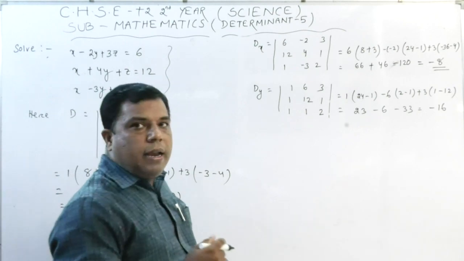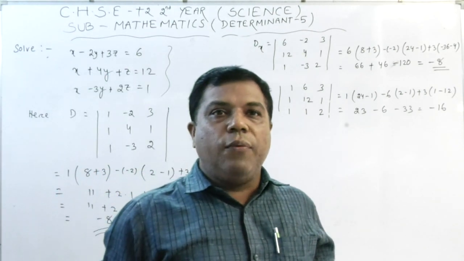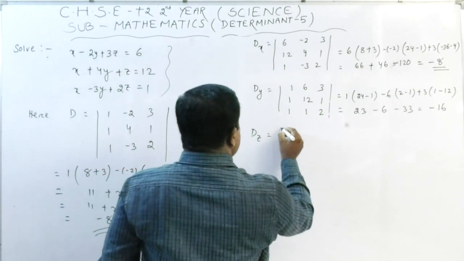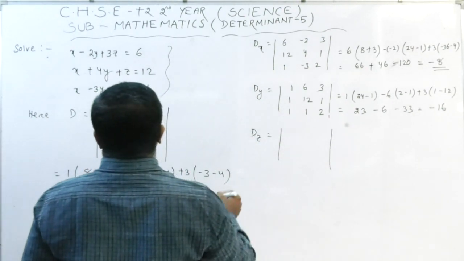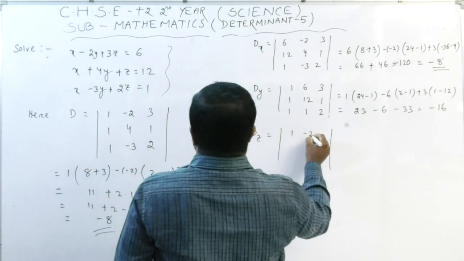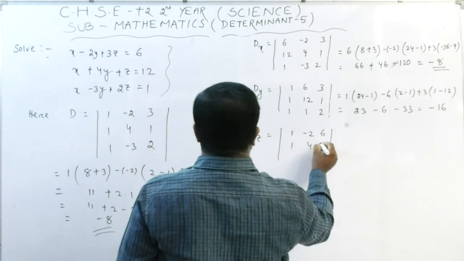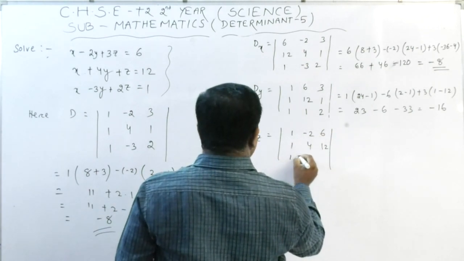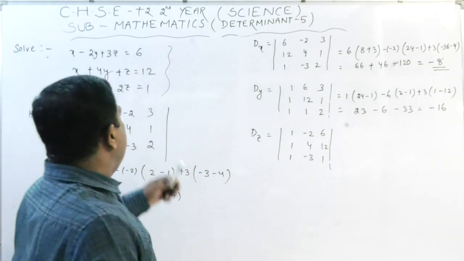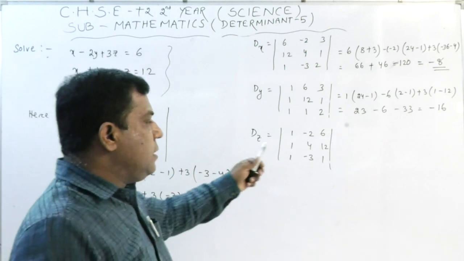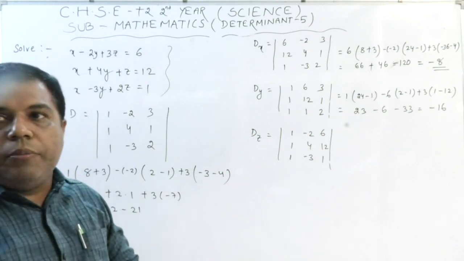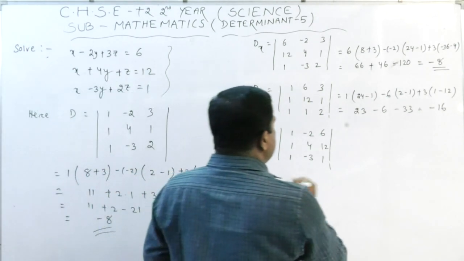Okay, dear students, now we will move and find out the value of Dz. So here Dz equal to, you see the right side values replace the coefficients of z in the original determinant D, and that is called Dz.